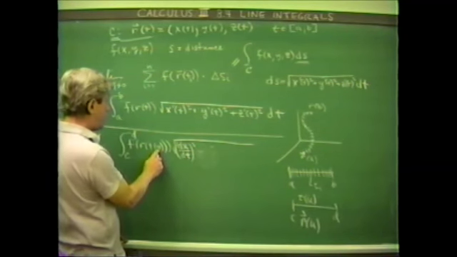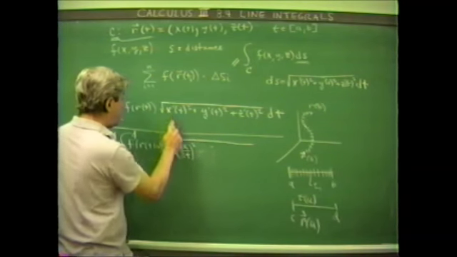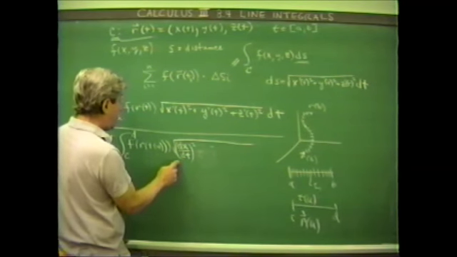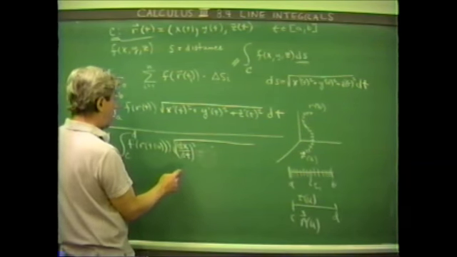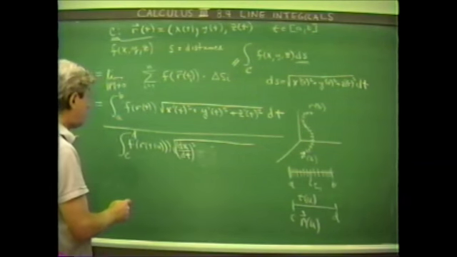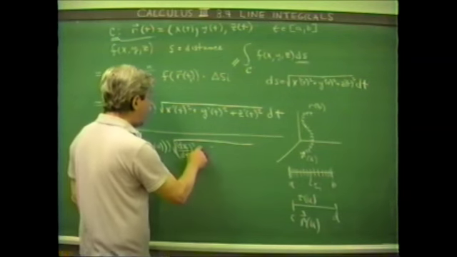I want to do this with respect to u here, so that the partial of x with respect to u is going to be the partial of x with respect to t, partial of t with respect to u. That's going to be squared.